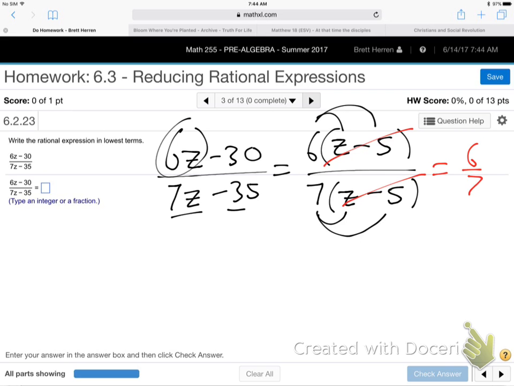Joel? I want to be clear, you only factor out that negative symbol when it's the first number. Well said. Exactly right. If it's the second, you don't factor that. Does everybody hear what Joel is saying? He's saying only if we have a minus on the front do we take out a negative when we do the GCF.